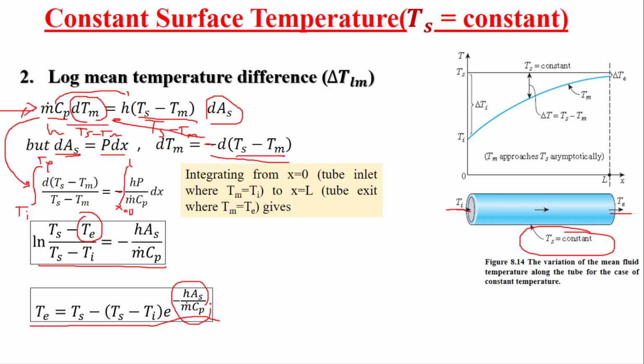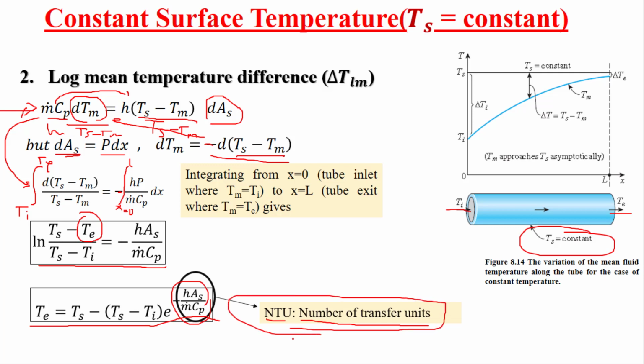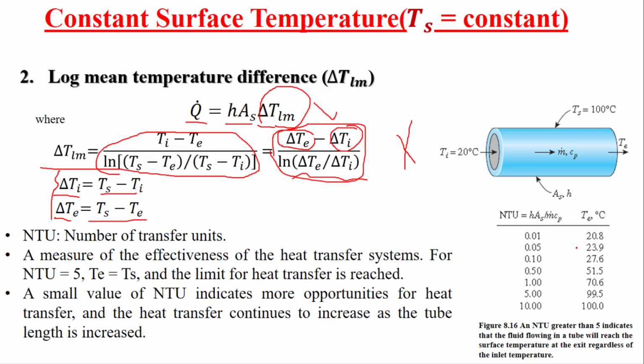This power, without the minus sign of course, we call NTU, number of transfer units. And this is a very important number. Here it is: h A_s divided by m dot Cp, we call it NTU, and here is the range of this number based on this experiment.